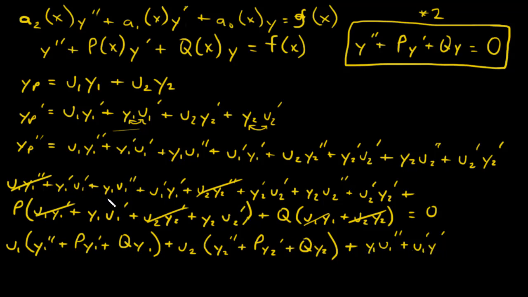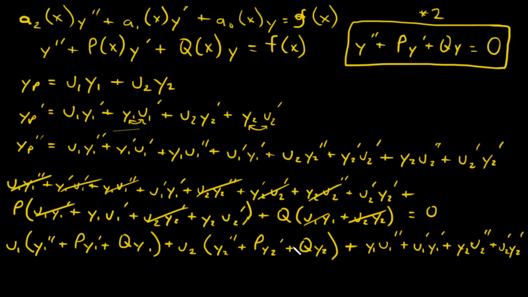So I've got these two pieces right here, so wipe those out, plus y2 u2 double prime, plus u2 prime y2 prime, that's these two, right?